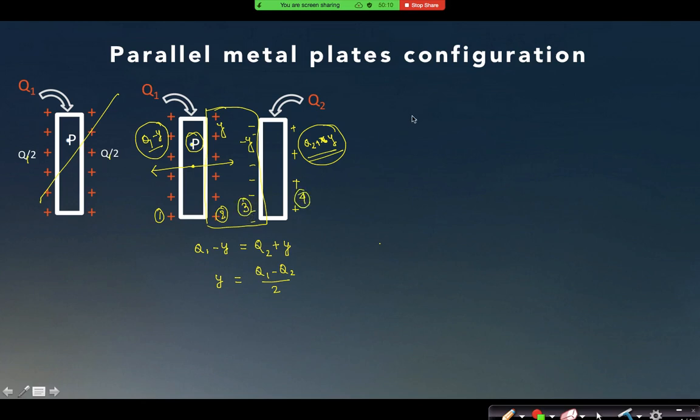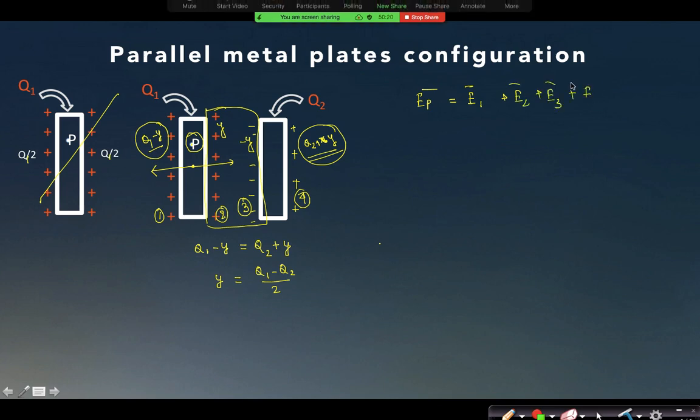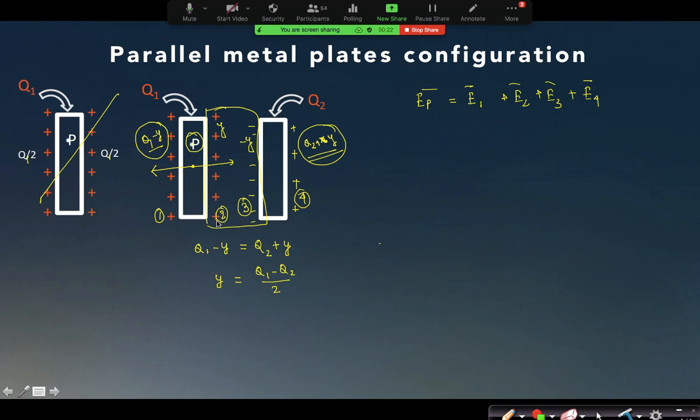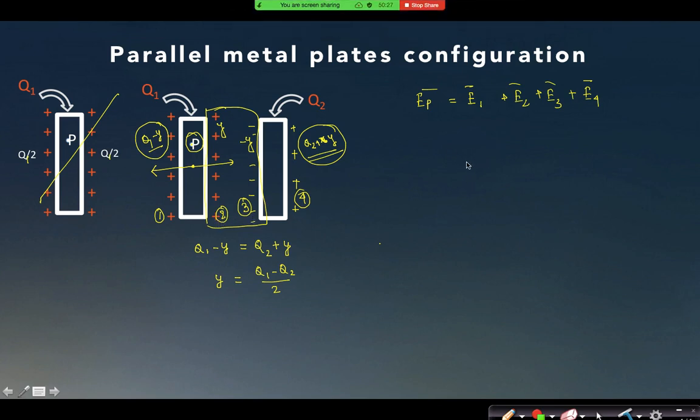Yes, sir. So the electric field at point P is the combination of 1 plus 2 plus 3 plus 4. Now you can see that due to the charge 2, the electric field at point P is in this direction, and due to the charge 3 is in this direction. Can you see that?